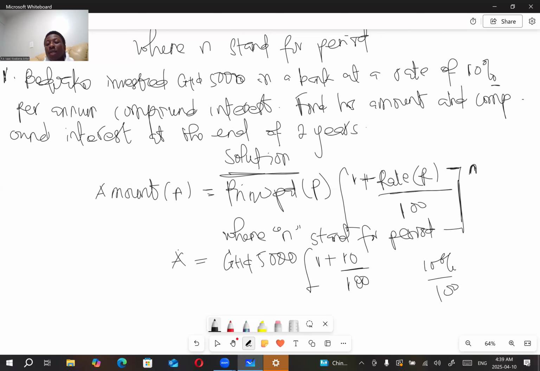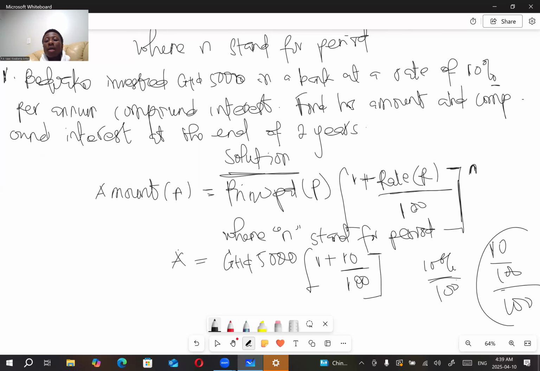It makes no sense, because any percent means out of 100. So don't write the rate with percent anymore, because the formula is designed in a way that it deals with the percent for you.